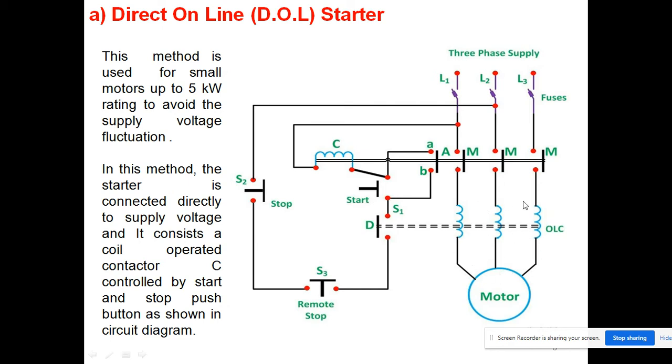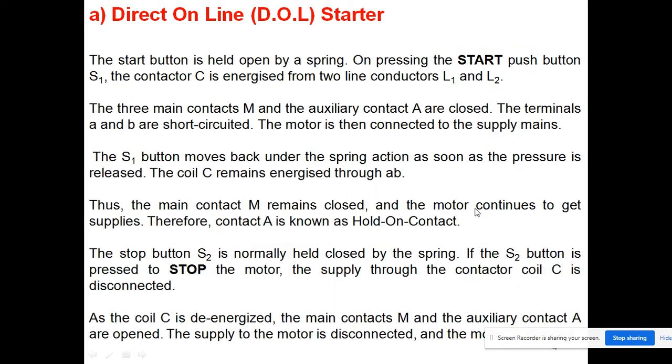So this is the function of our direct online starter. The whole thing I have discussed here. The stop button S2 is normally held closed by the spring. If the S2 button is pushed to stop the motor, the supply through the contactor coil is disconnected.